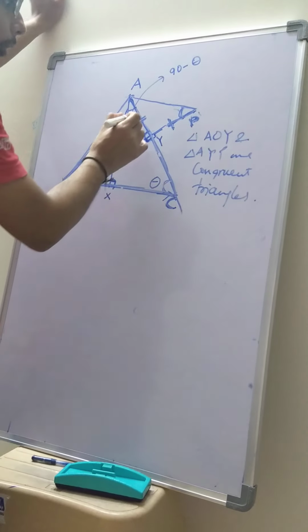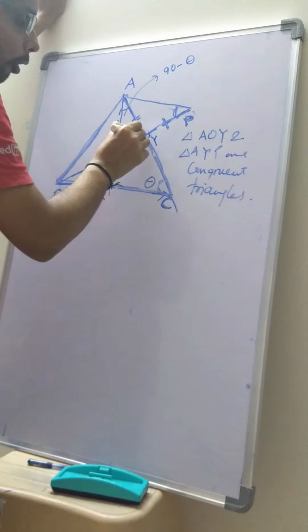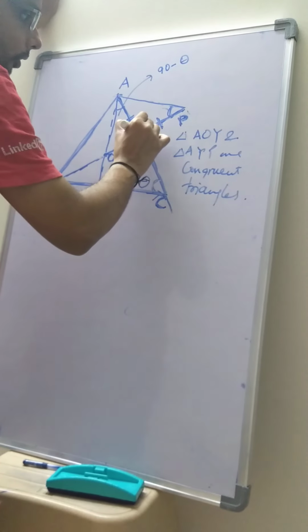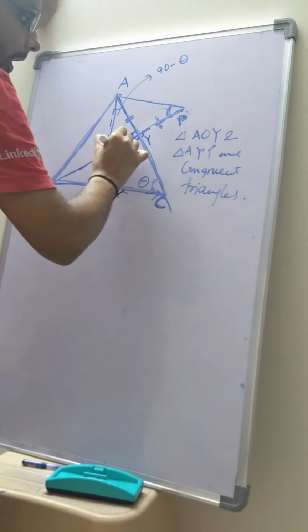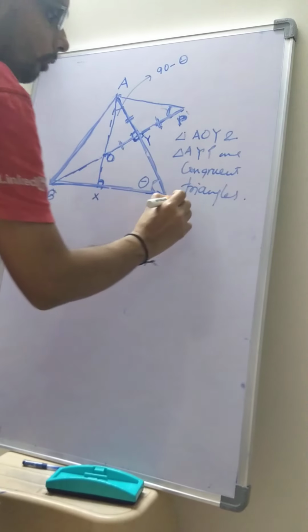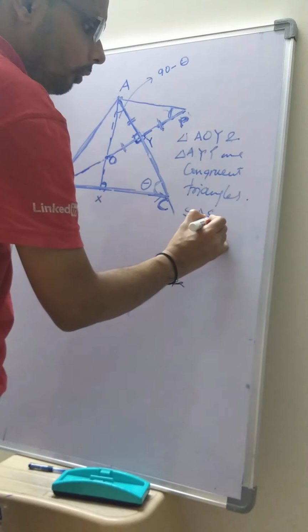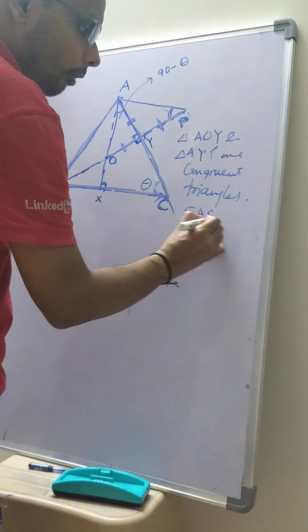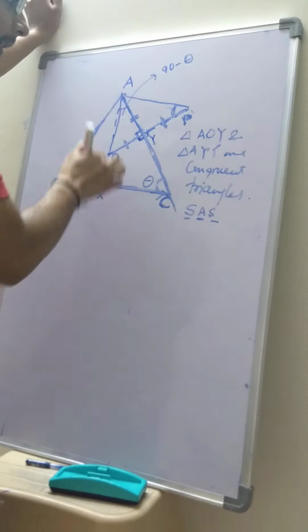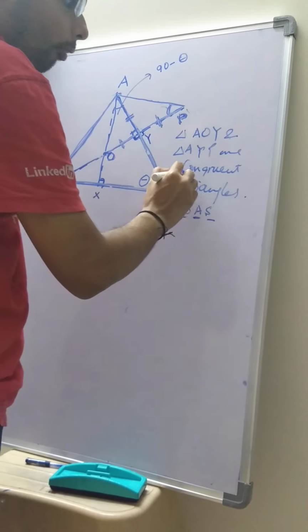And why? Because this is a common side, this length is equal to this, and these two sides are equal. So it is the SAS theorem: two sides and the included angle of two triangles are equal, then they are congruent triangles.